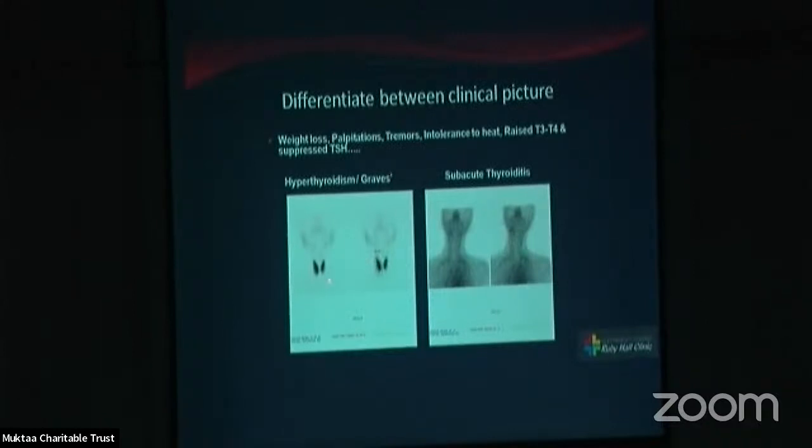This doesn't need anything. All symptoms will go away, as it's a self-limiting condition. It's an inflammation, so it can come back. If you really think it is very bad for this patient, you can give a short course of steroid. But otherwise, subacute thyroiditis is something very easy to manage.